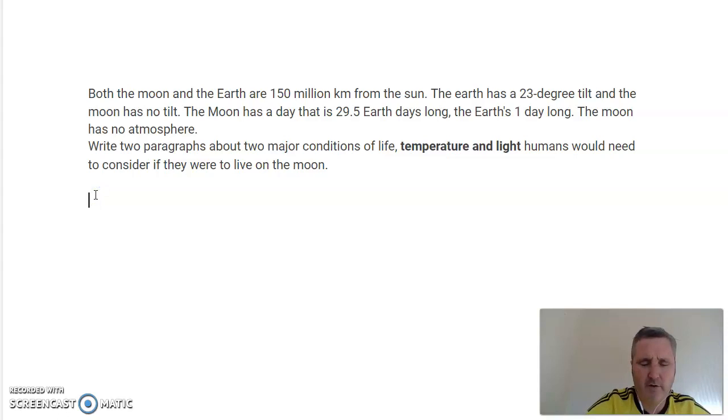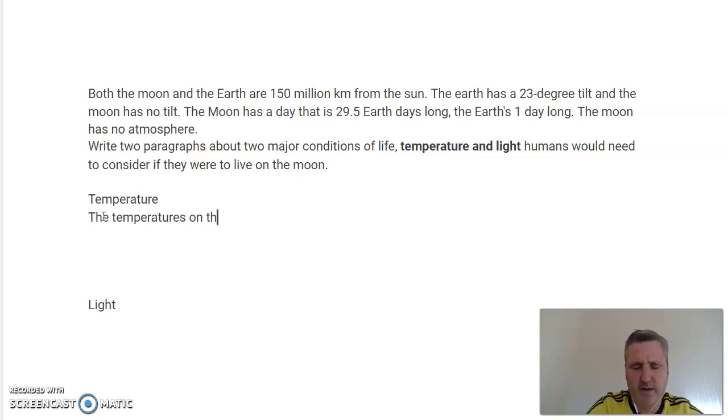Right, so I'm just going to head the two major paragraphs here, temperature, and then I'm going to do the light one, light. Okay, so the first thing I'm going to say about the temperature is I'm going to write a statement. The temperatures on the Moon will be more extreme than those on the Earth.